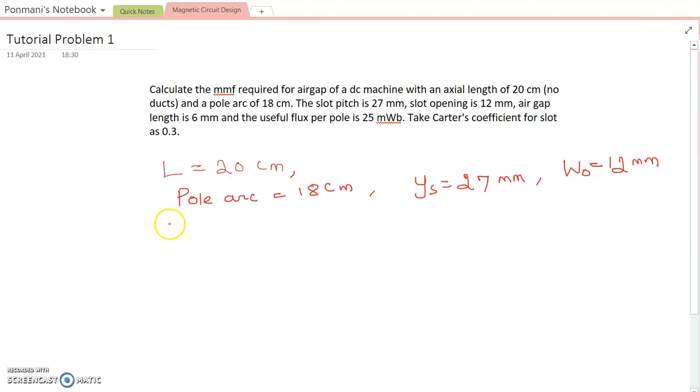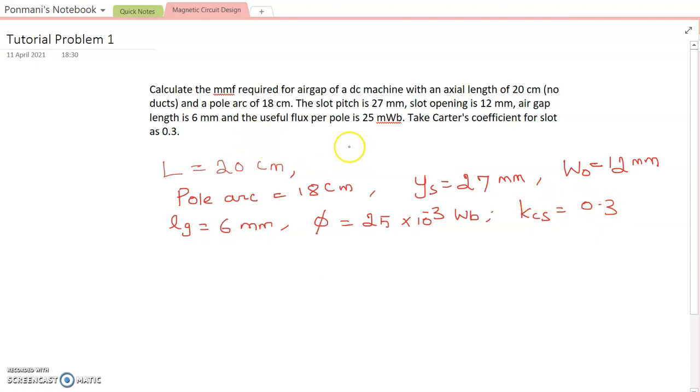Air gap length, lg, is 6 mm. Flux per pole is 25 milliwebers. Carter's coefficient for slot, Kcs, is 0.3. So these are the data given.